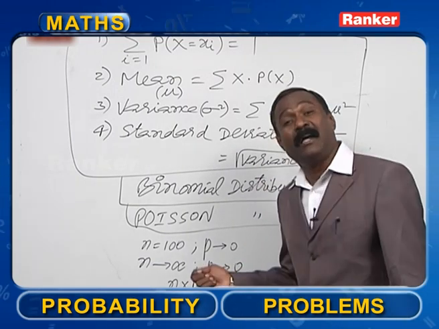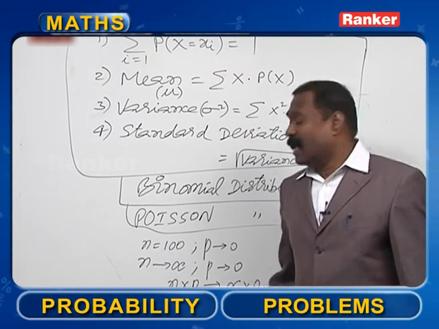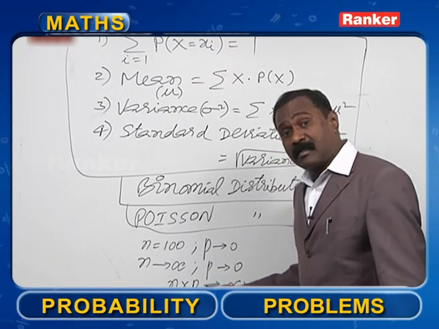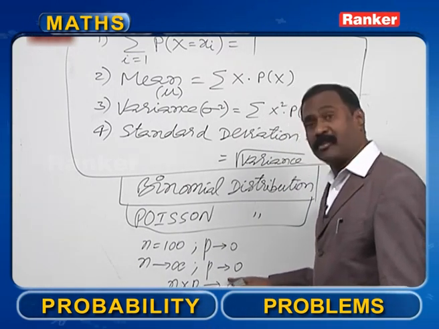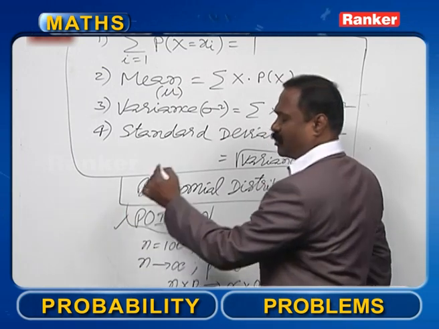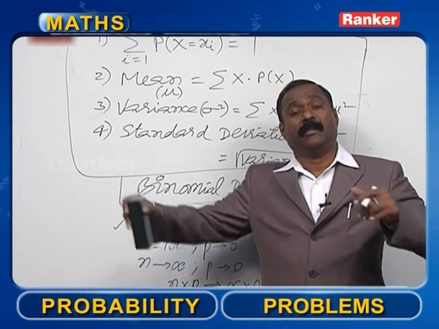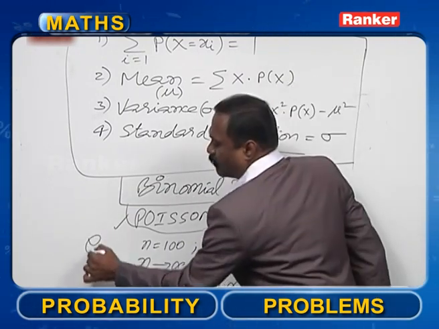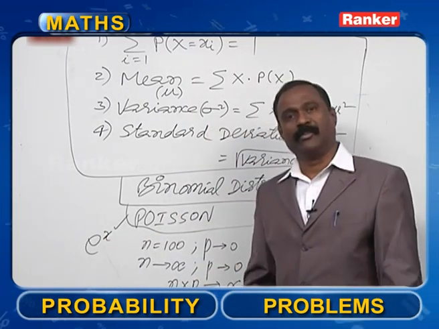So to apply the Poisson distribution, for a better understanding I'm explaining this. When n is tending to infinity and p is tending to 0, you have to make use of the Poisson distribution. That is why for the Poisson distribution, the expansion to be taken is an infinite series. If you remember well, we take the e power x expansion for the Poisson distribution.